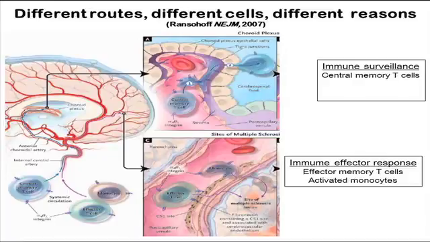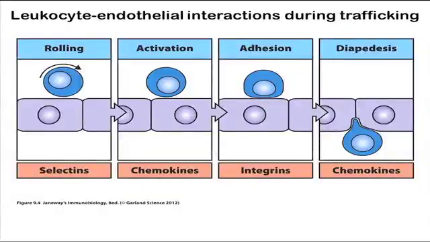Now, how does this work at a detailed molecular level, and how can we use this knowledge to understand disease and its treatment? Whenever a cell traffics out of the blood, it uses a number of steps by which the leukocyte, which is in blue and is round, interacts with the endothelium, which is kind of purple and sort of rectangular.